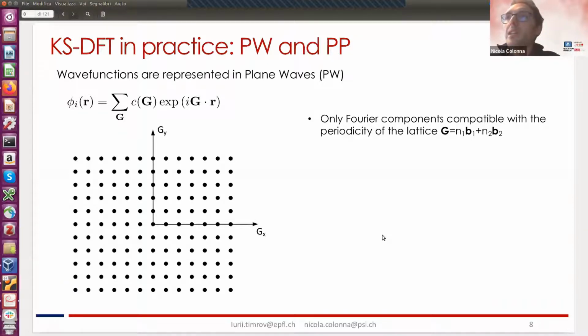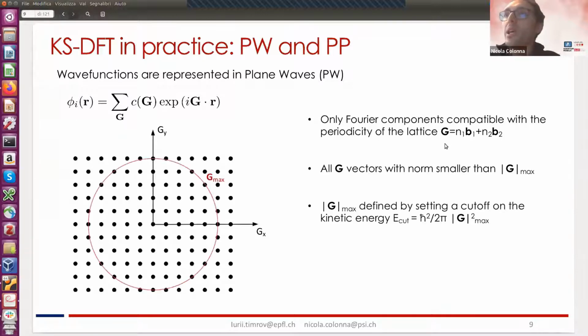But still, those are infinitely many. So you see n1 and n2 are integer numbers. So you have infinitely many G vectors. So you have to decide how many to choose. And what is typically done is that you take all the G vectors that have modulus lower than a given value, G max. And this is typically done in Quantum Espresso by setting a cutoff for the kinetic energy.